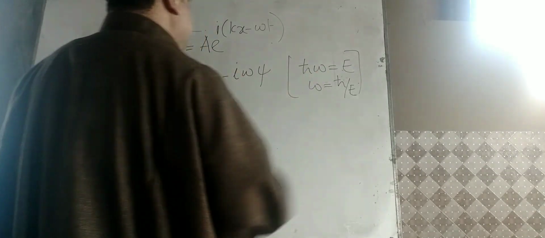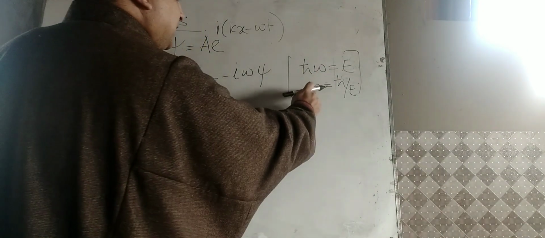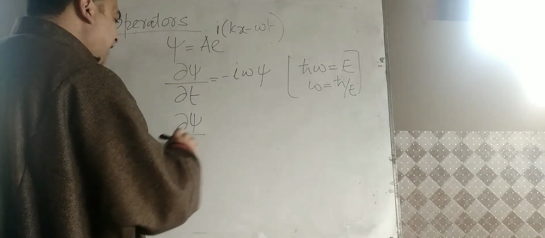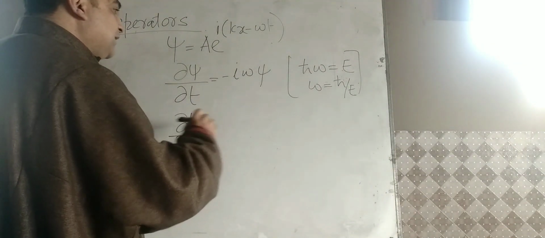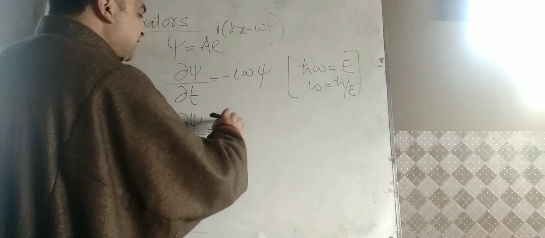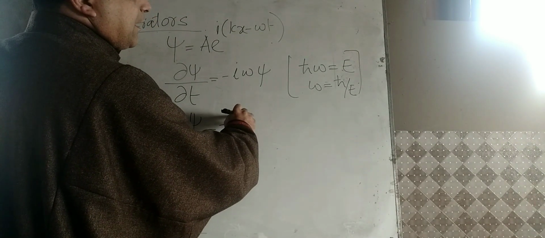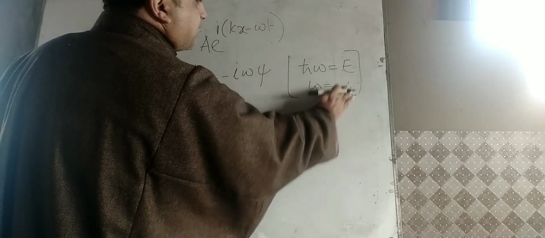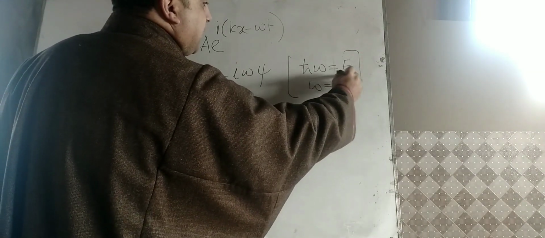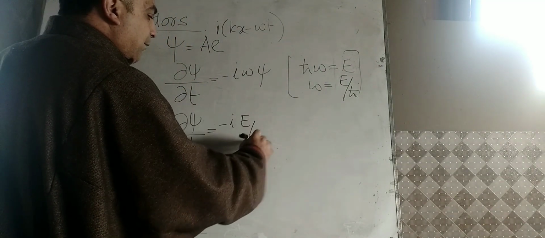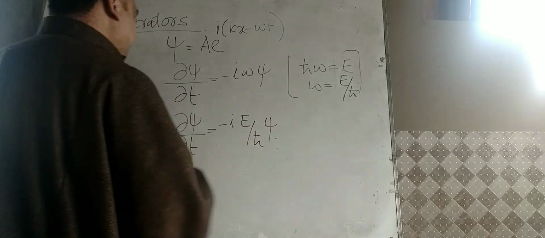So I can use this omega here, and I will write del psi upon del t is equal to minus i E by h bar psi.